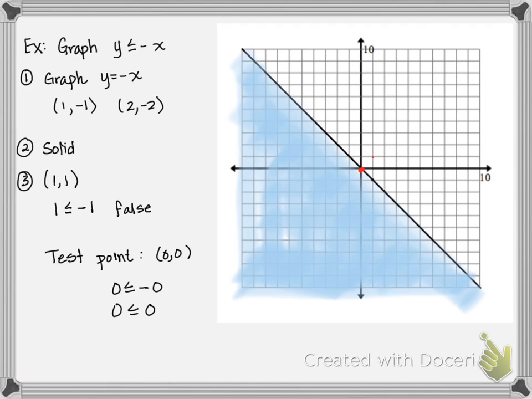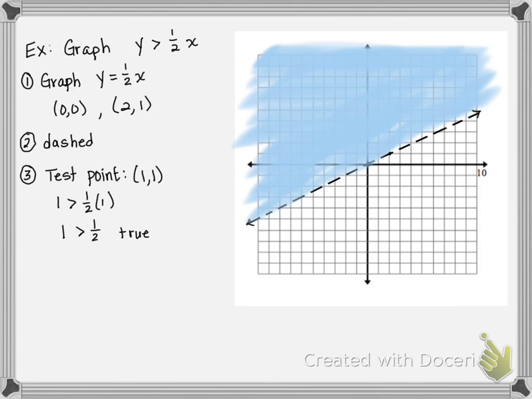So maybe this is really wrong, but if it's less than or equal to, you would just go below the line and shade everything in? So that is true if y is by itself on one side. So we have y is less than or equal to -x. So yes, we shade everything below the line. Here we had y is greater than, and so we shaded everything above.